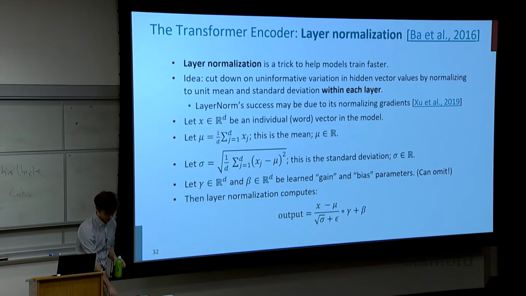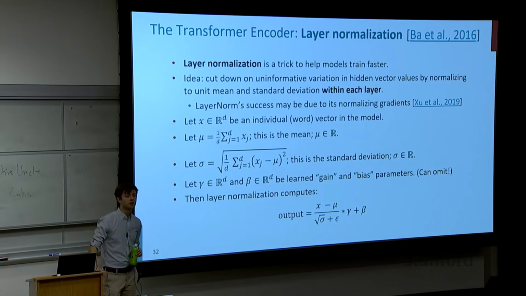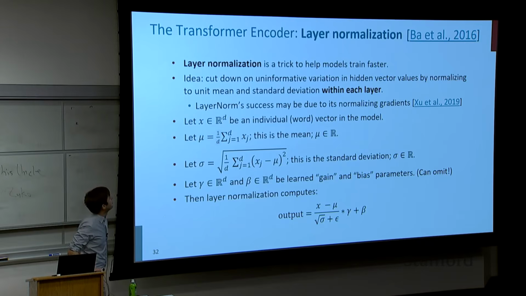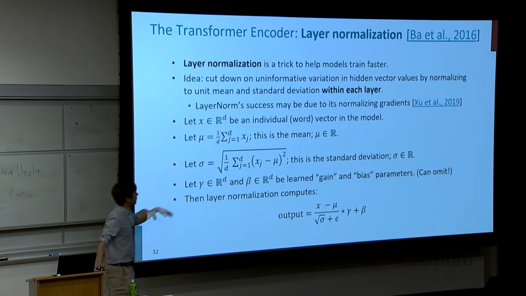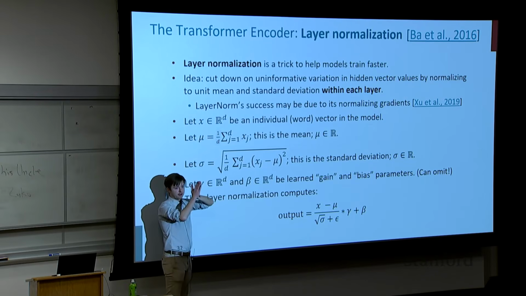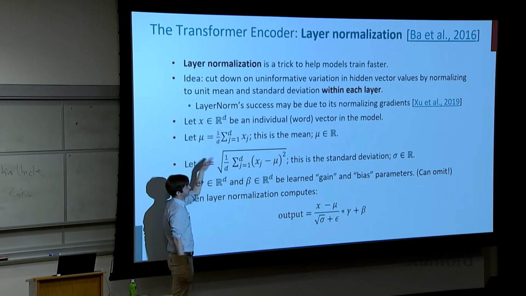Yes? If you have 5 words in a sentence, do you normalize based on the statistics of these 5 words, or just word by word? So the question is, if I have 5 words in the sequence, do I normalize by aggregating the statistics to estimate mu and sigma across all the 5 words, sharing their statistics, or do it independently for each word?